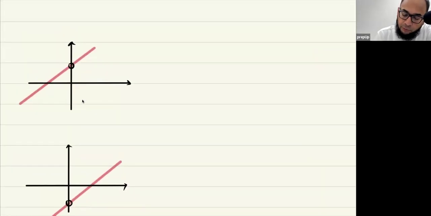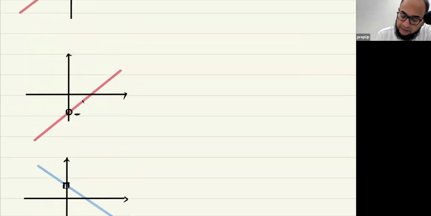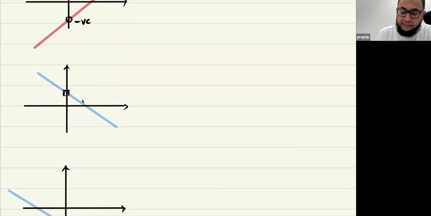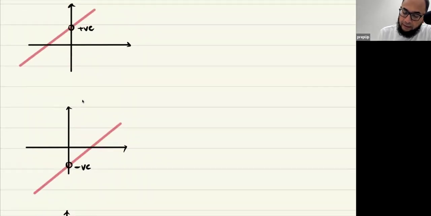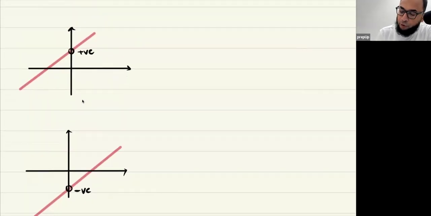So now this y-intercept is positive. This y-intercept is negative. It's below the x-axis, above the x-axis. That's a basic idea you already have. This is positive. This is negative. Over here, the red slope is the positive slope. So this is positive c.